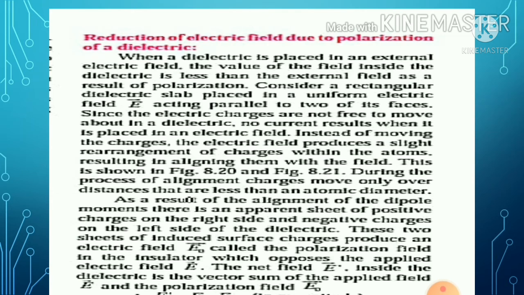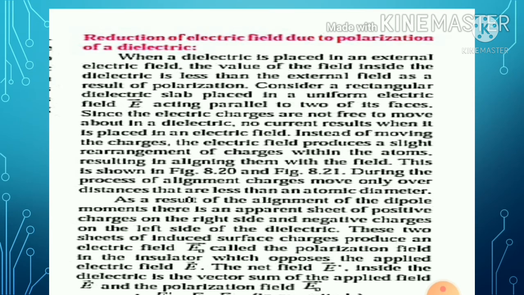In the presence of this alignment of charges in the dielectric slab, these two sheets of induced surface charges produce an electric field E0 bar, called the polarization electric field, in the insulator, which opposes the applied electric field E bar.